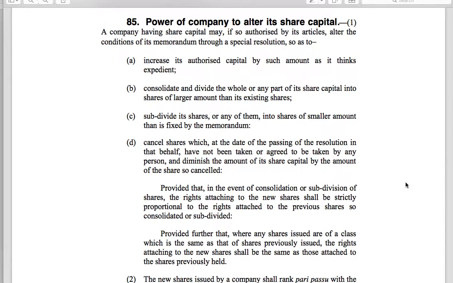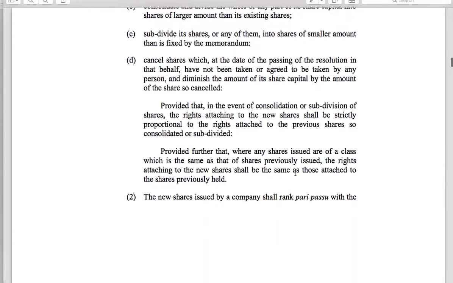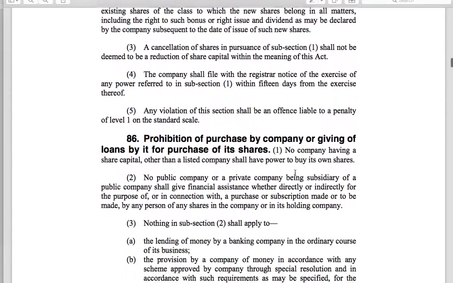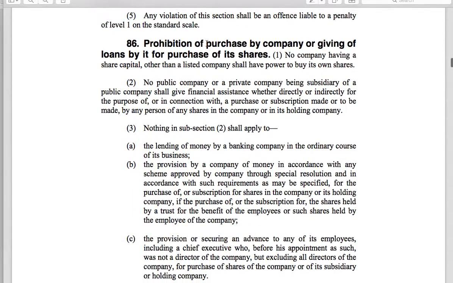You can also alter your share capital. You can decrease your authorized capital, but then it will be extinguished. There is a prohibition on the purchase by a company of its own shares or giving a loan to purchase its own shares. No company having a share capital, other than a listed company, shall have the power to buy its own shares.